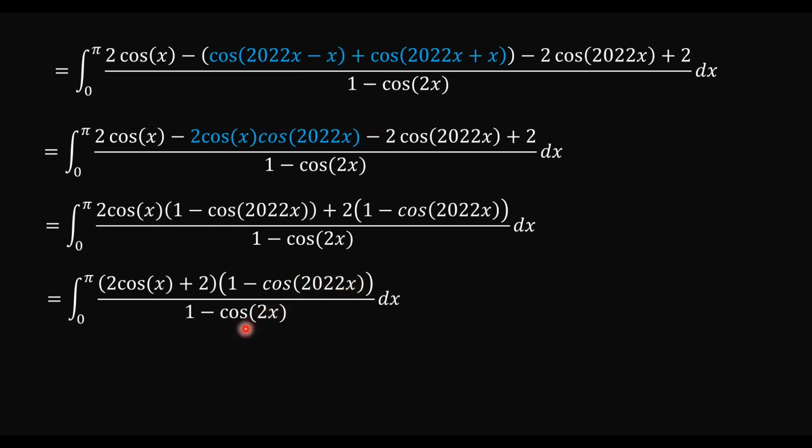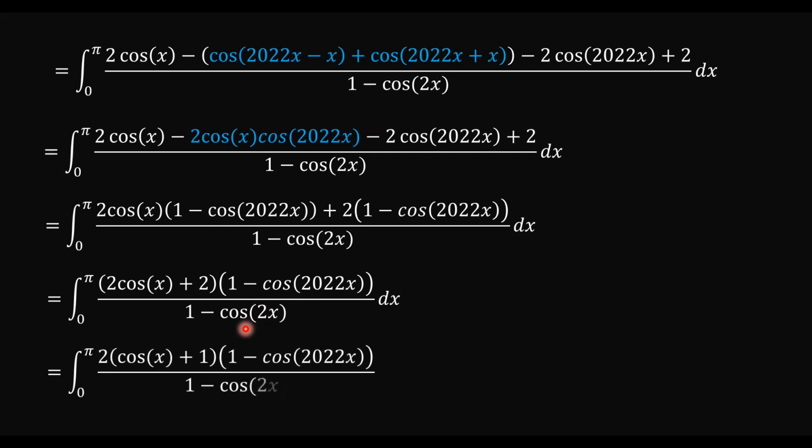Now let's simplify the denominator a little bit further. The denominator can be expressed as 1 minus cosine 2x. Cosine 2x is the same as 2 cosine squared x minus 1.